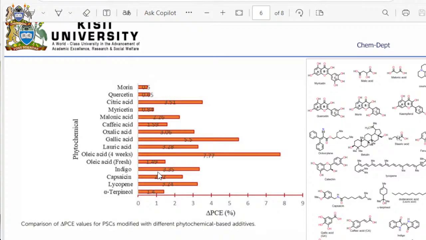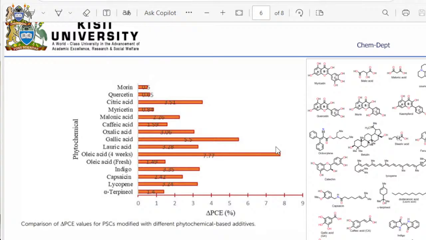What we came to establish is that some of these hydroxyl groups play a role in crystal development. If you don't have them, you might find there are passivation defects in the perovskite. I think those who work a lot on renewable energy do understand.